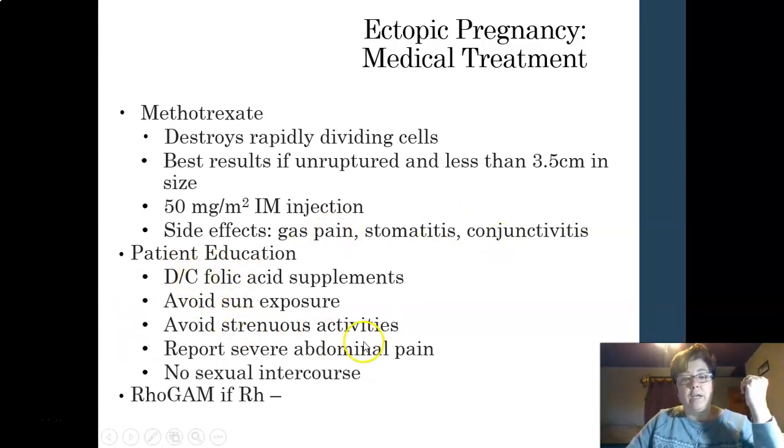Some patient education, what I want you to really focus on is that the woman would need to report an increase in abdominal pain, which would mean that the methotrexate is not working and that the pregnancy is continuing to grow and the tube is stretching. And if the woman is Rh negative, this is a pregnancy with a fertilized egg embryo in it, so she would receive RhoGAM.